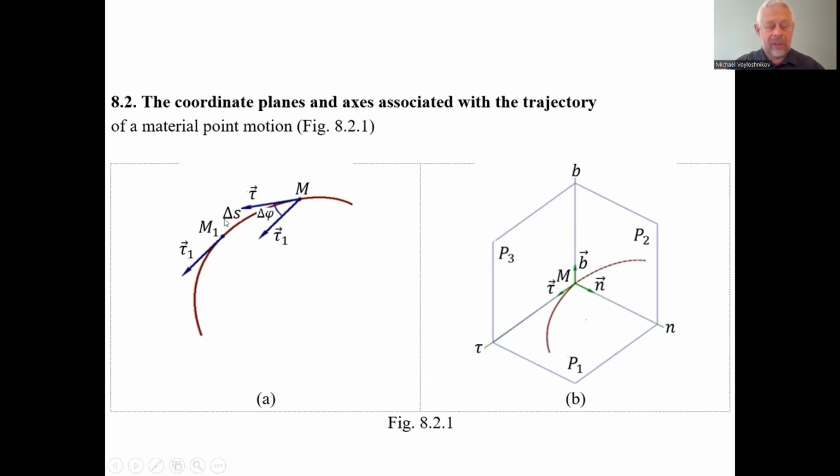If we tend the increment of the motion of this point M to zero, we will have this plane osculating, and we will next have the plane perpendicular to the tangential axis of the direction of the motion of the point M. The perpendicular plane is the normal plane, and the line of intersection is the main normal.